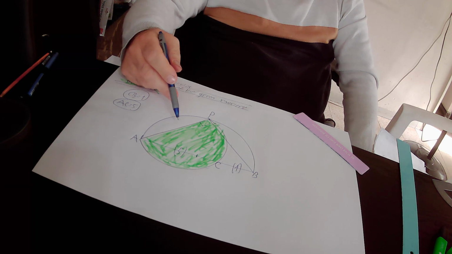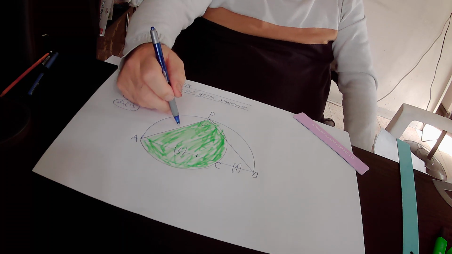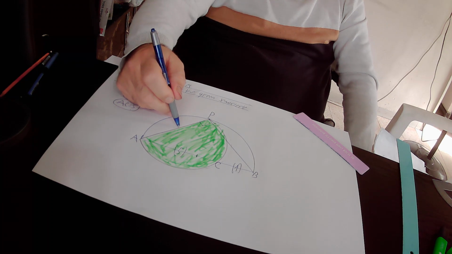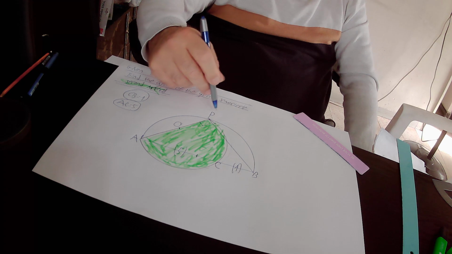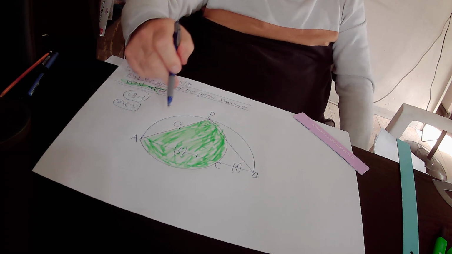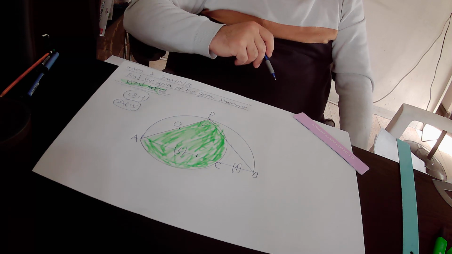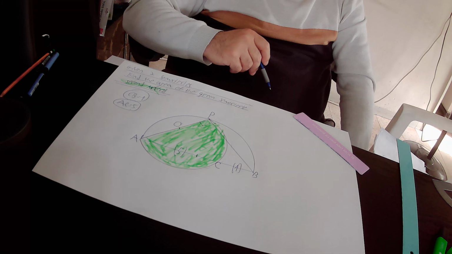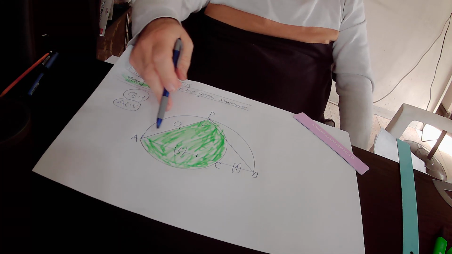So this is point O. Again, point O is the center of this green semicircle. It is located on AP, that is the diameter of the green semicircle.